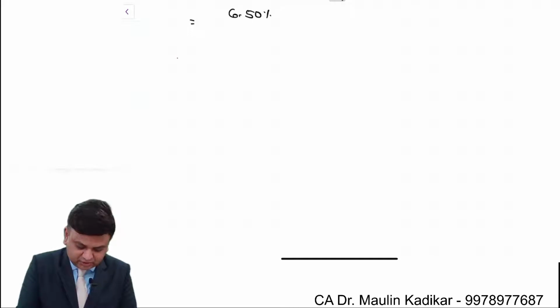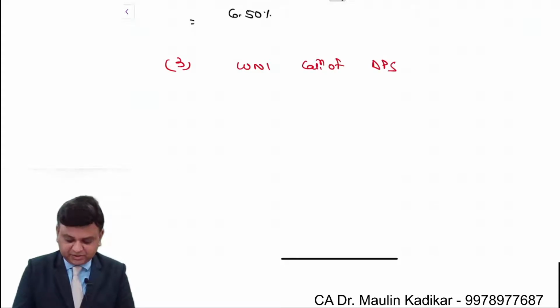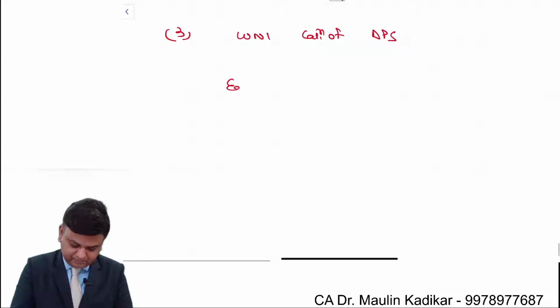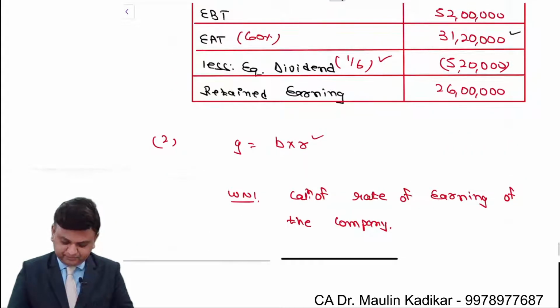So answer of the third question, in that working note number 1, calculation of dividend per share. The amount of the equity dividend is given to us. That is an amount of 5,20,000.